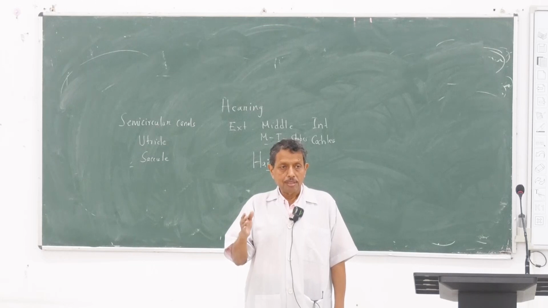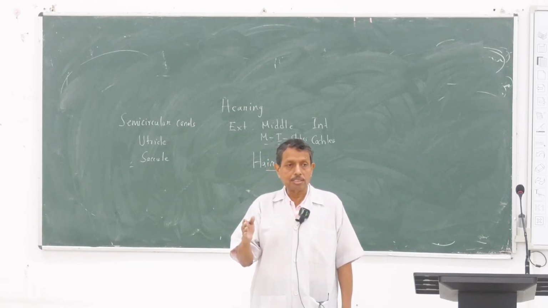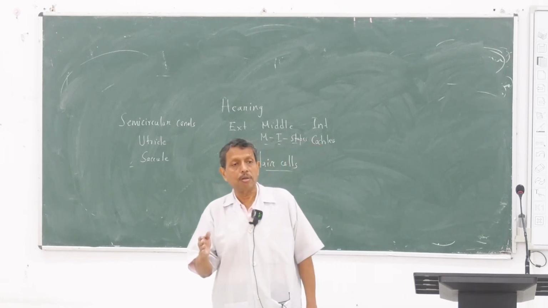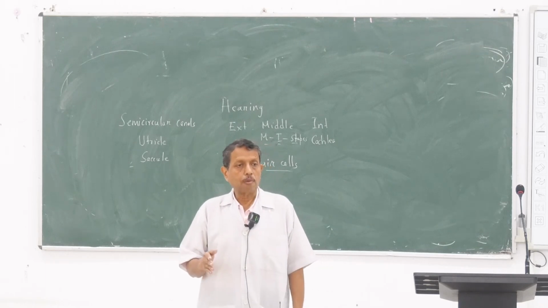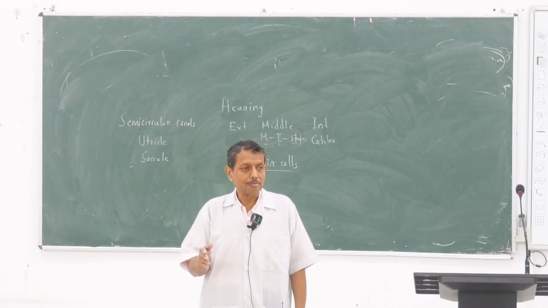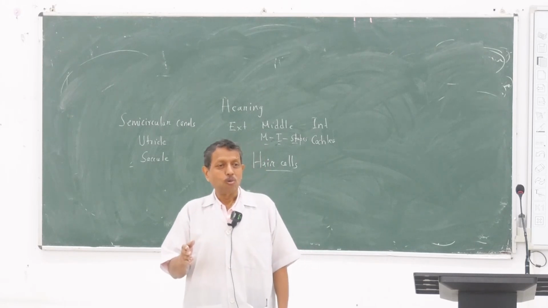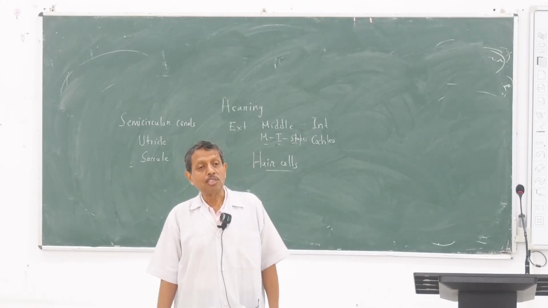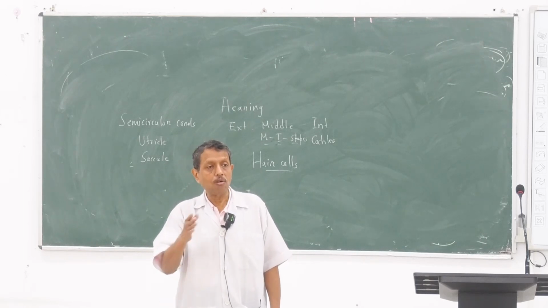Pressure changes, alternate pressure changes, condensation and rarefaction, longitudinal wave. You are familiar with this in the physics text; there are two types of wave, transverse wave and longitudinal wave. And here is the longitudinal wave.